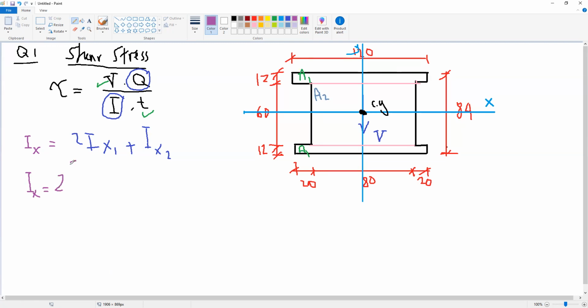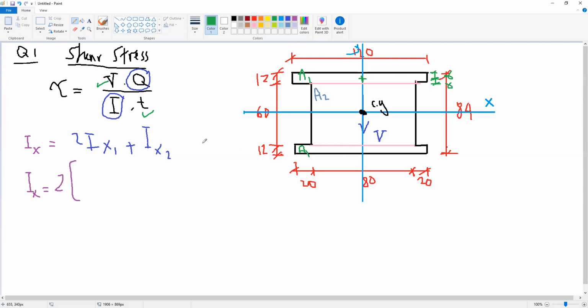How can we calculate Ix1? This is area 1, so the centroid of area 1 will be somewhere here in the middle. If I put it here, in the middle of the 12, so 6 millimeter and 6 millimeter.